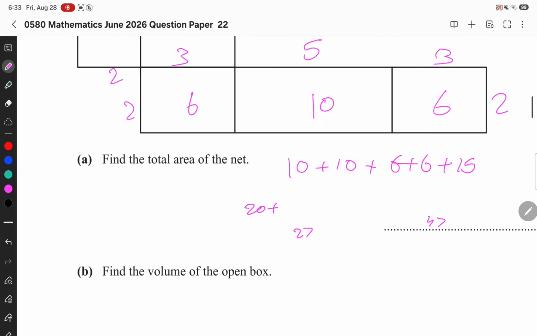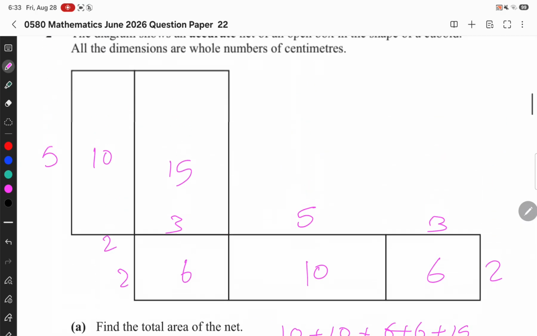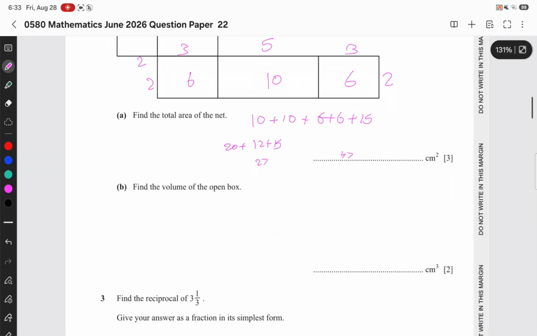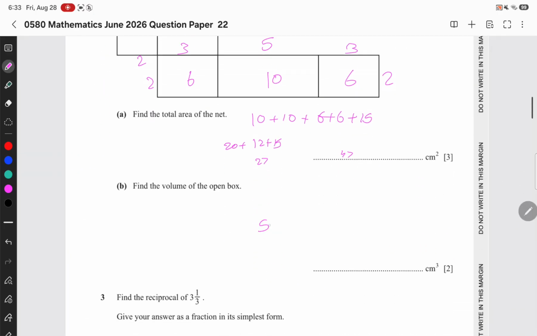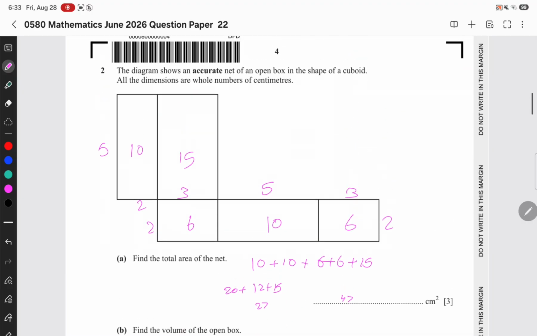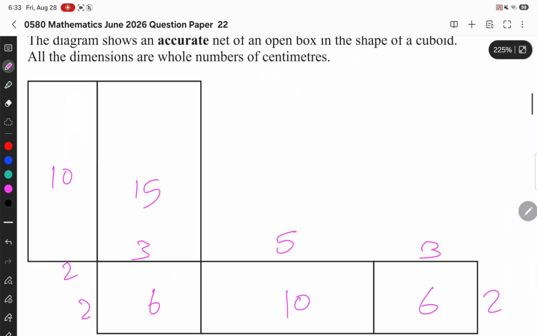Total area. Find the volume of the open box. So volume, what is it? 5 times 2 times 3, right? 5, 2, 3: 10, 30, nice, here you go. Why? Because let's fold this together.